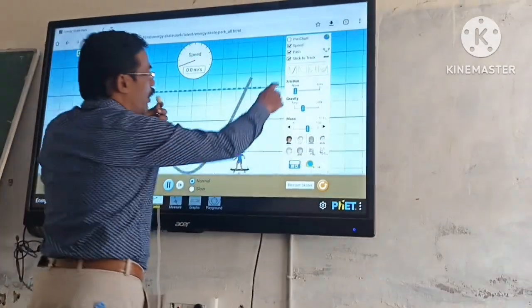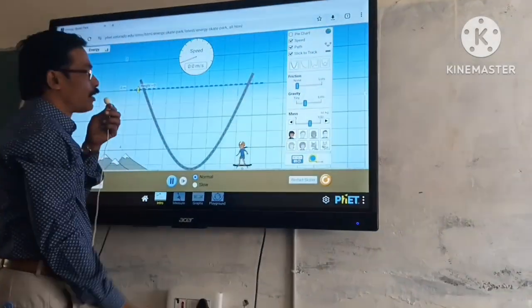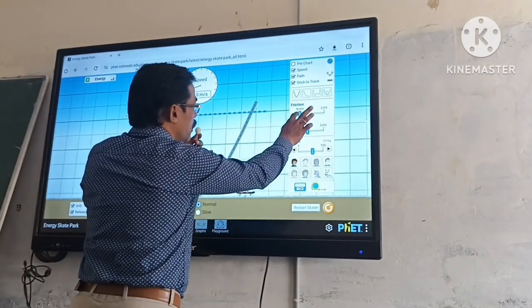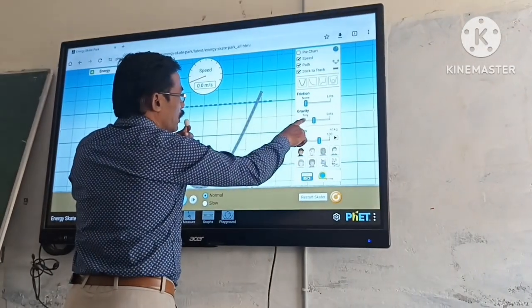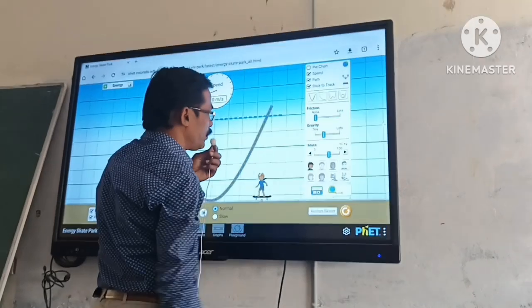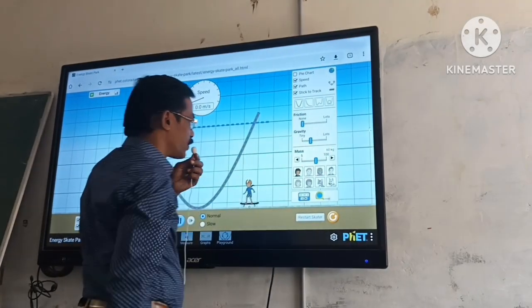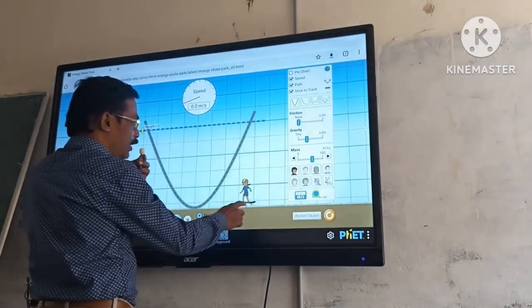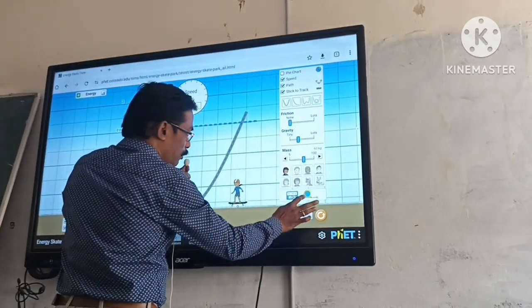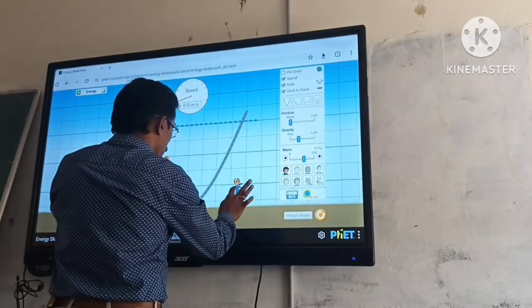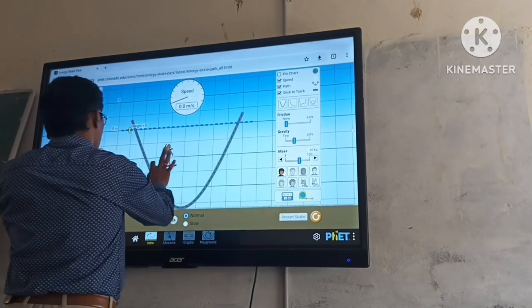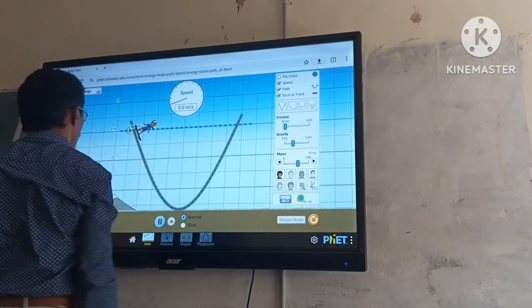Now I selected this type of curve, and there is no friction, gravity is medium, and the mass is 60 kgs. I have selected this person here, and I am putting him on this platform.